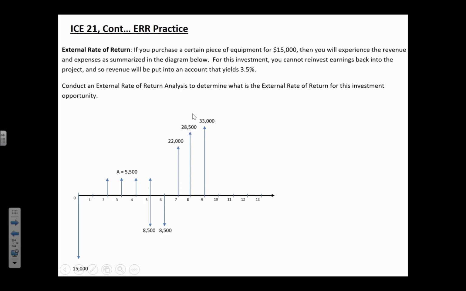So that's the known interest rate that you do that discounting and compounding. In this problem statement, it says that the revenue is put into an account that yields 3.5%. So that's our external reinvestment rate. That's the known interest rate.